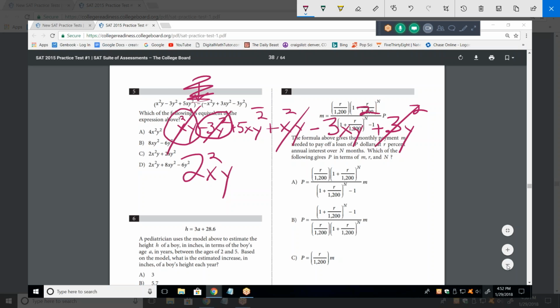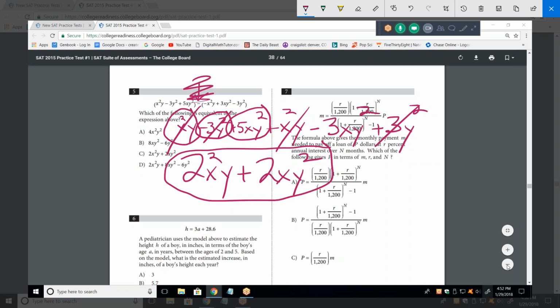How many of these do we have in total? 2. Plus 2 or minus 2? Plus. And I have to use it. I can't just write 2xy squared. In other words, this is a polynomial. I need the signs in between terms. The only sign I don't need is the leading one.